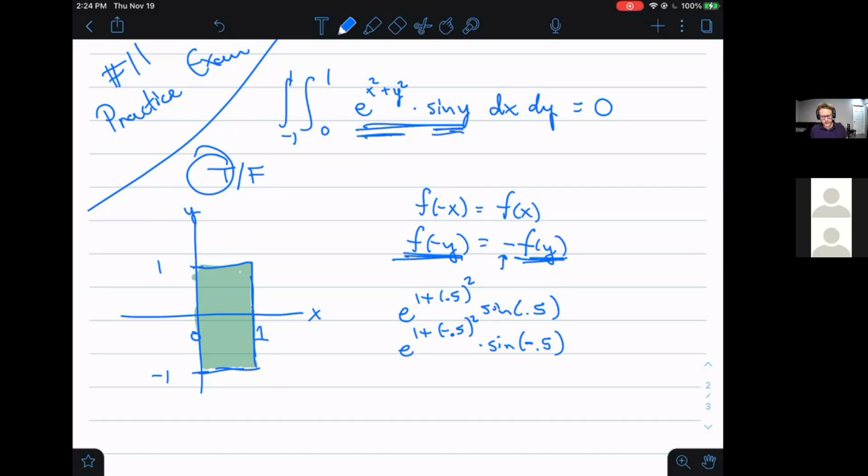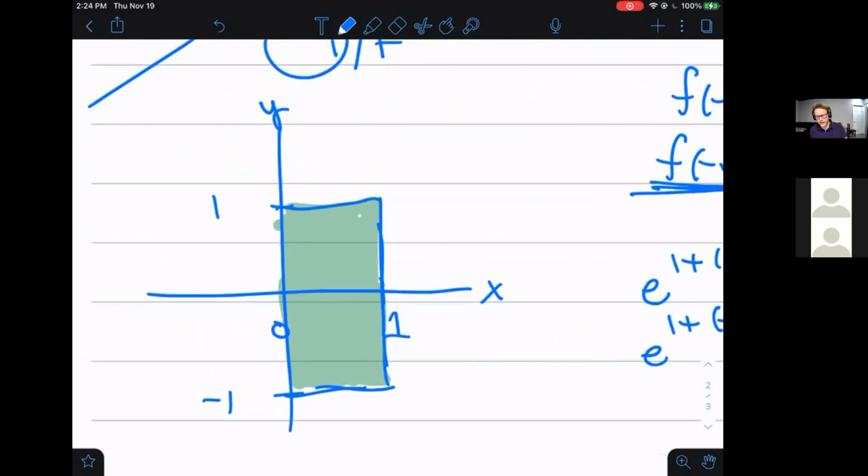And so if you look at this, there's a lot of symmetry going on here in the y direction. Notice that if you plug in 0.5 right here, there's also a corresponding point where you're plugging in negative 0.5. Likewise, if you plugged in 0.7 up here, there's a place where you'd be plugging in negative 0.7. Or if you plugged in 0.2 here. Of course, the x values all change, and I don't particularly care about the x values.